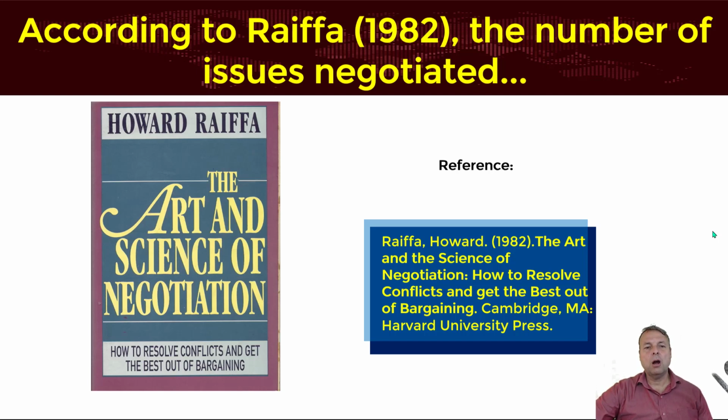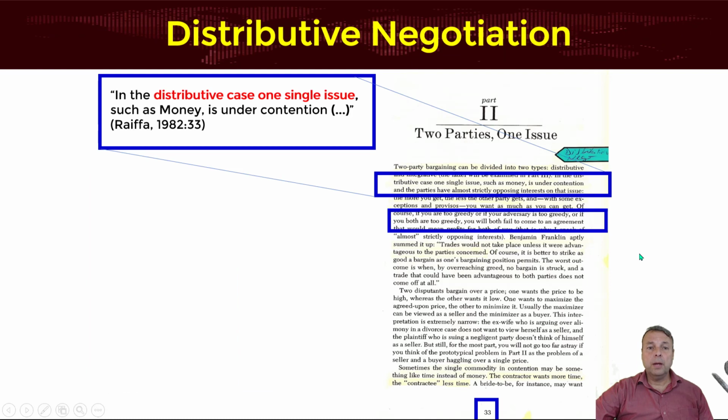Well, I'd like to mention a tremendous book called The Art and Science of Negotiation by Howard Raiffa from 1982, one of the best negotiation books I have ever read. In this book, negotiations are classified according to the number of issues negotiated. For instance, what is a distributive negotiation?